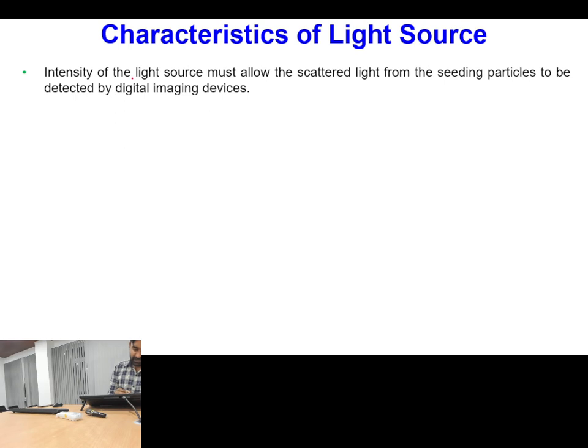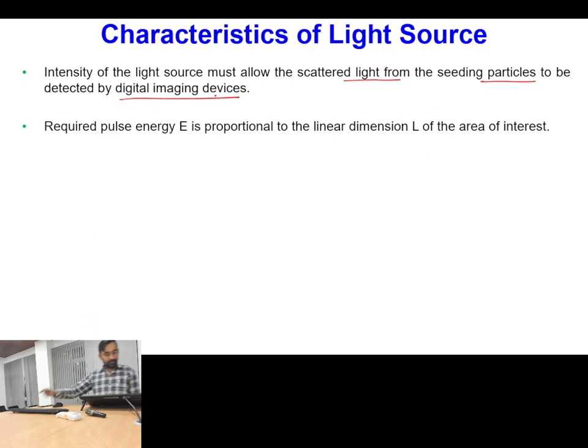Then the intensity of the light source must allow scattered light from the seeding particles to be detected by the digital imaging device. So of course you should select the intensity of light in such a way that the camera is able to detect the scattered light. If the camera is not able to detect it, then once again you will have wrong measurements. Typically the energy of the laser pulse is proportional to the linear dimension L of the area of interest.